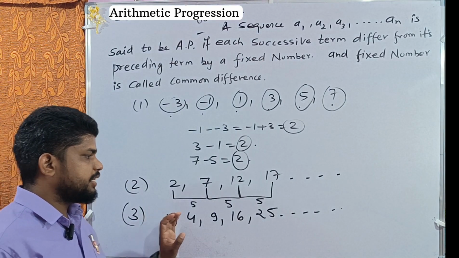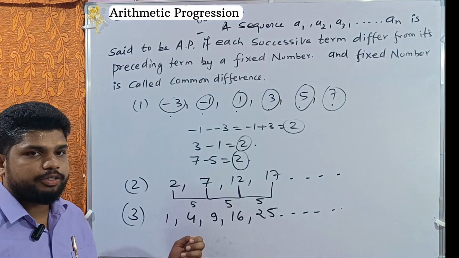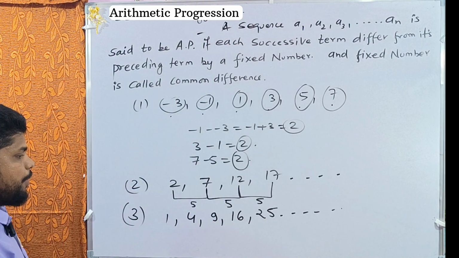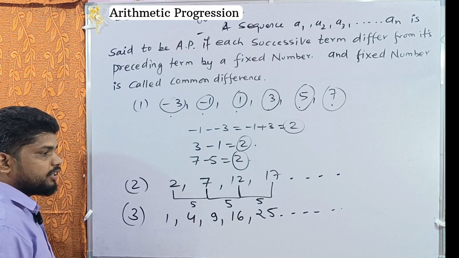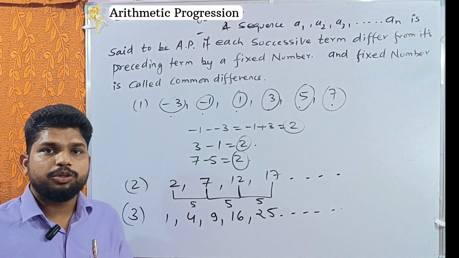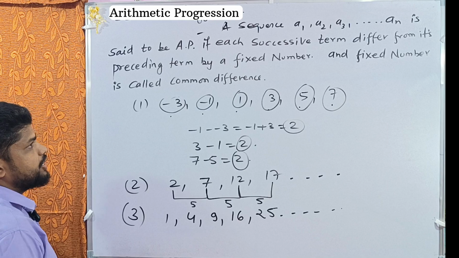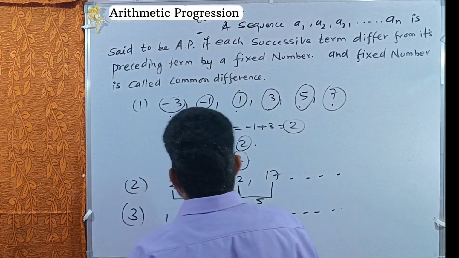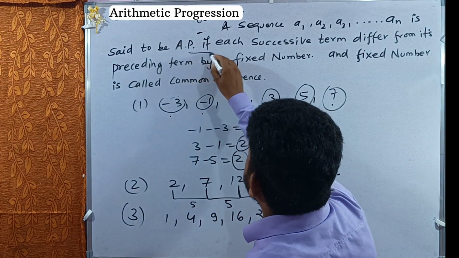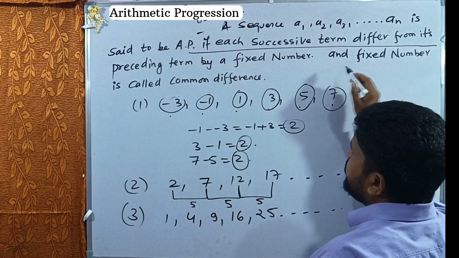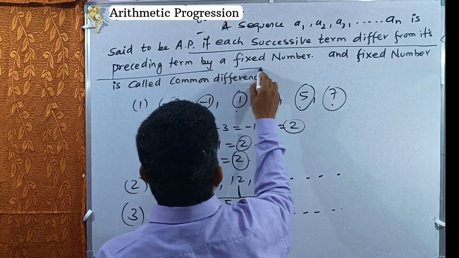So they follow a certain pattern, so they are a sequence by the definition of sequence. But is it true that this is an arithmetic progression? No. Why? Because the definition of arithmetic progression says that each successive term differs from its preceding term by a fixed number.